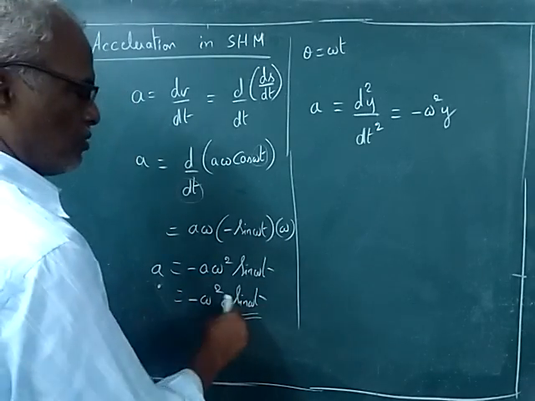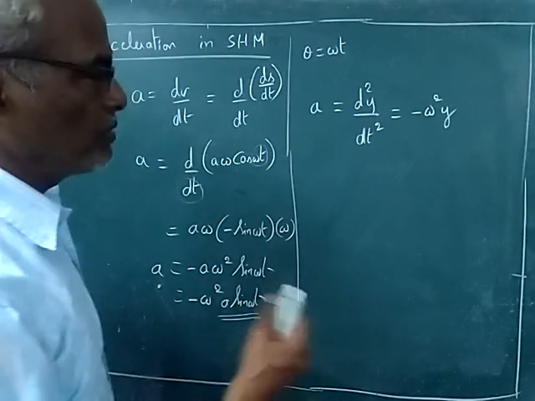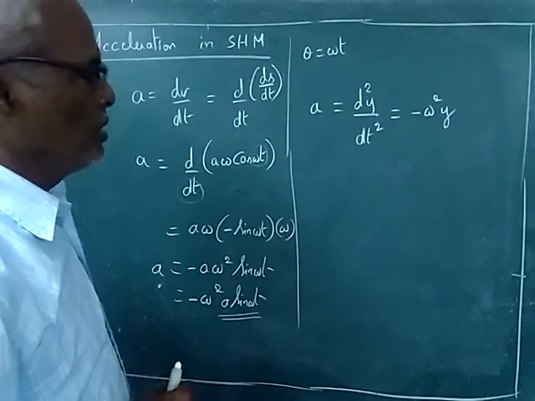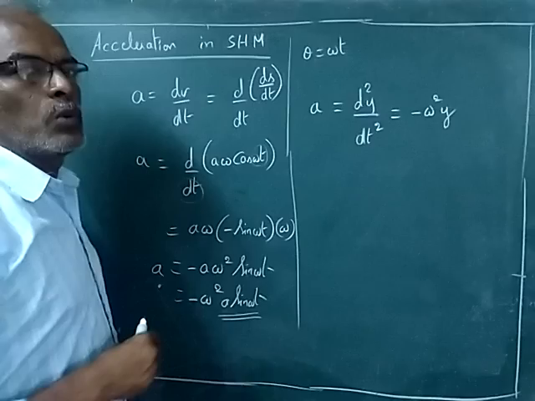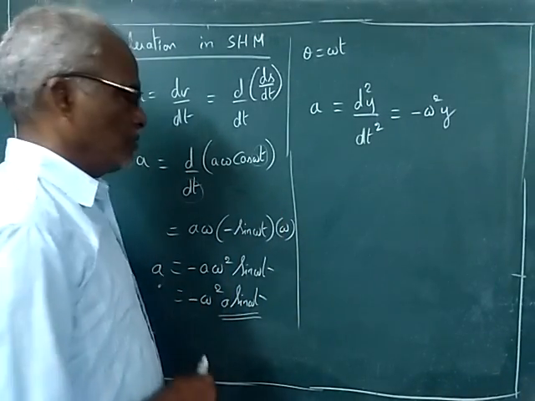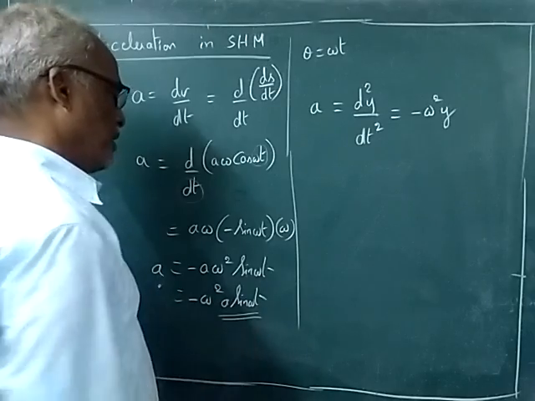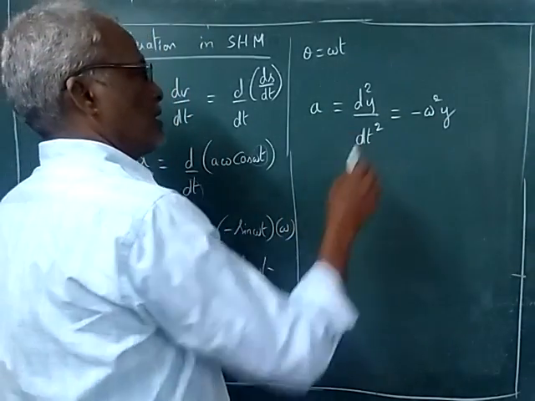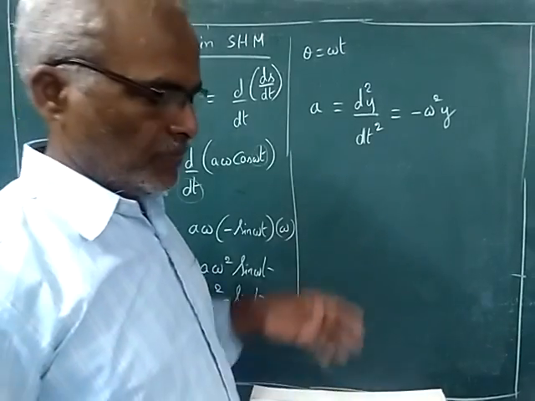This a sin omega t is nothing but y. Already we have seen the displacement in the previous videos. We have seen that the displacement y is given by a sin omega t. So this a sin omega t can be replaced by y. Now this is the equation for acceleration.